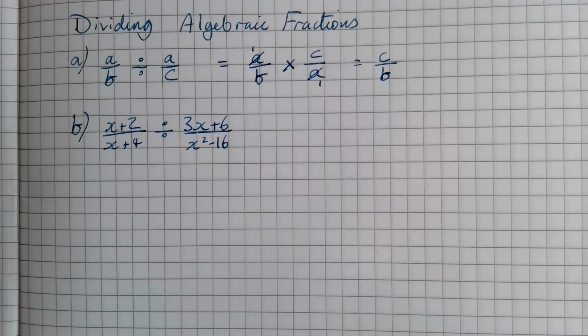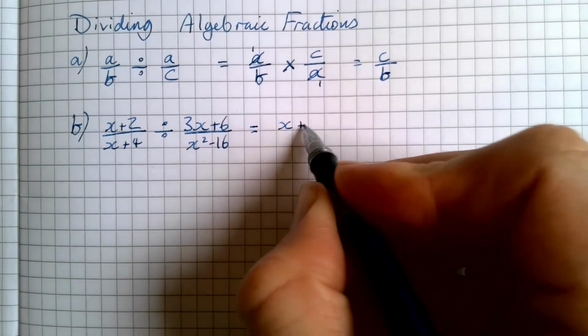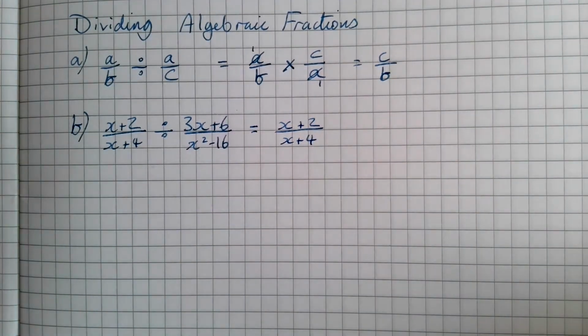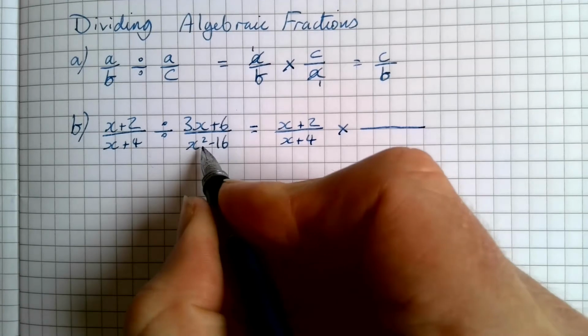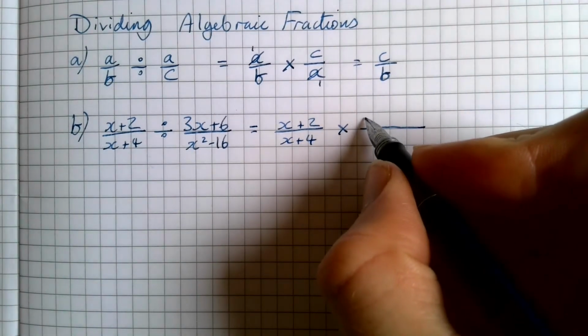The one beneath it, we need to do any factorising that we can first, but we also know that we need to turn it upside down, so I'm going to do both at once. Pause it and have a go if you haven't already. So I'm multiplying, I'm going to turn it upside down, but x squared minus 16 is another difference of two squares.